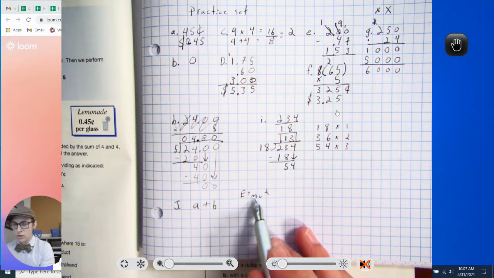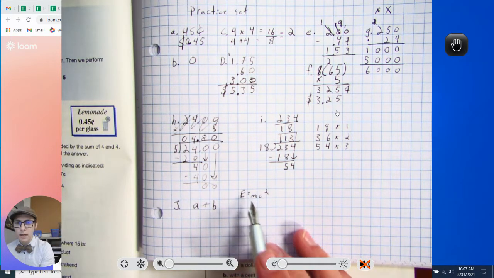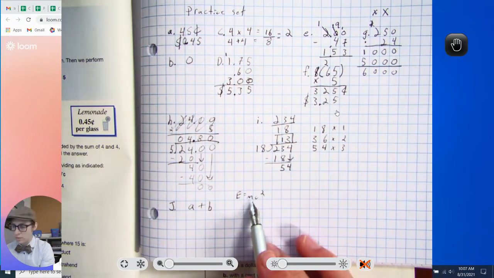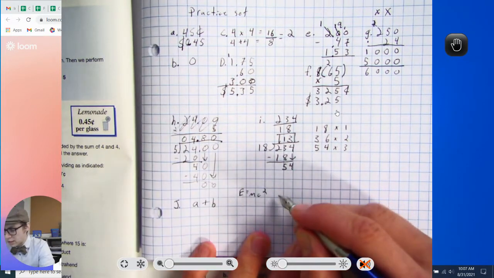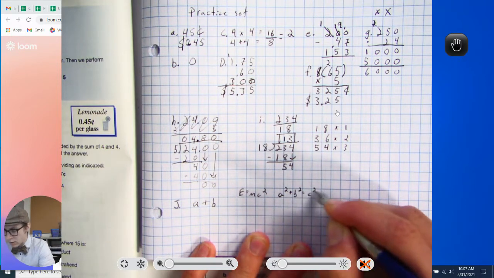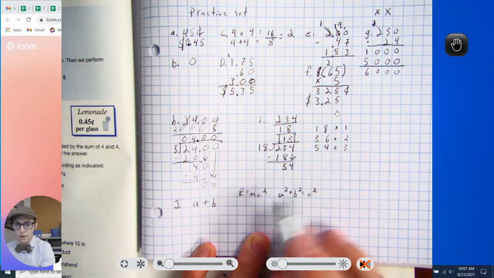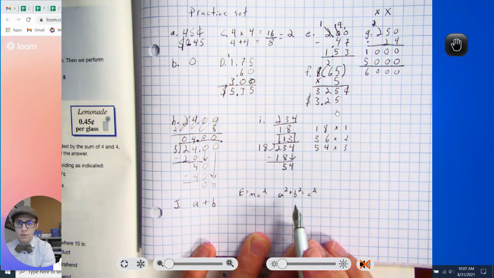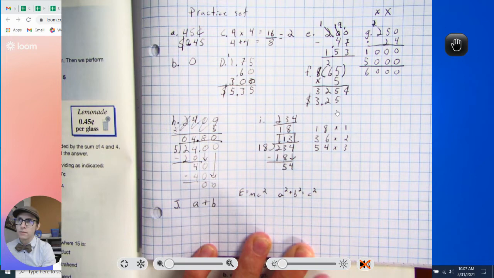So those are variables. So we'll have this equation which remains true, but changes based on what we're talking about. Another classic example is a squared plus b squared equals c squared. This is the Pythagorean theorem. It helps us figure out the lines and the angles of triangles.